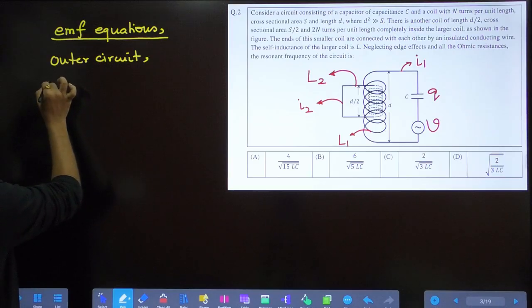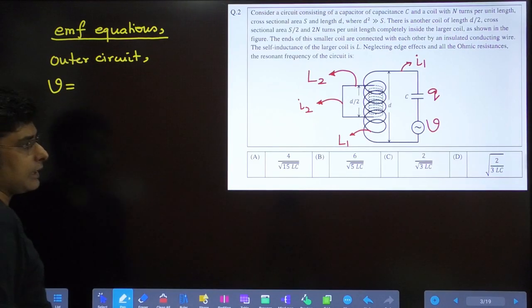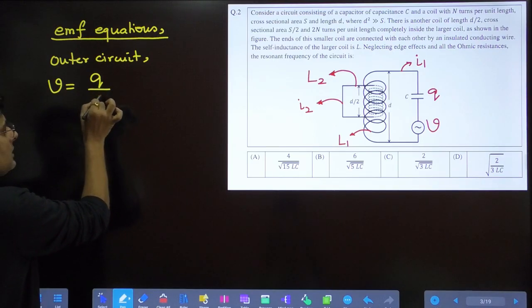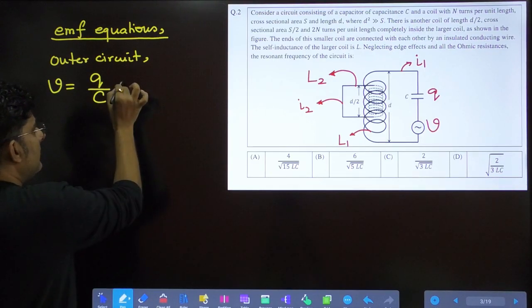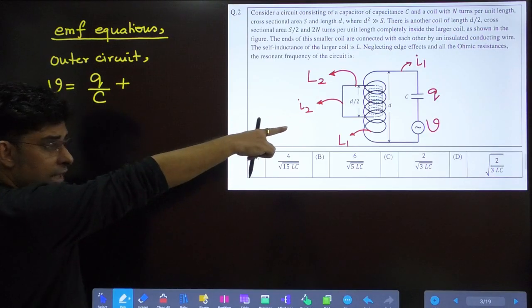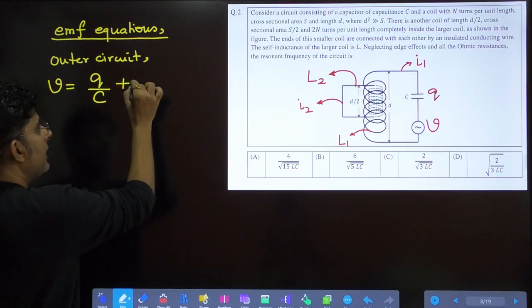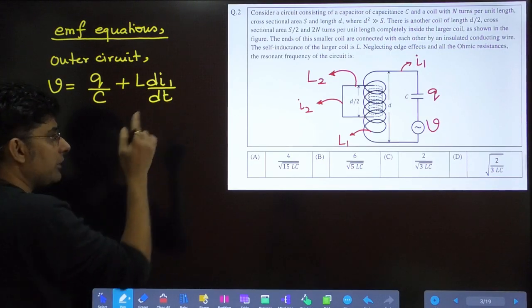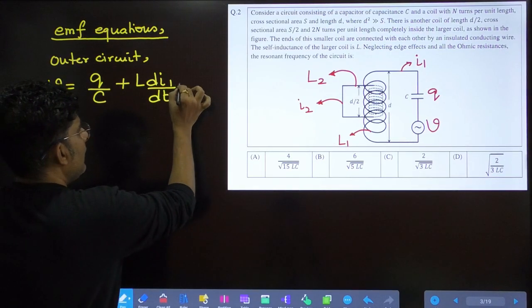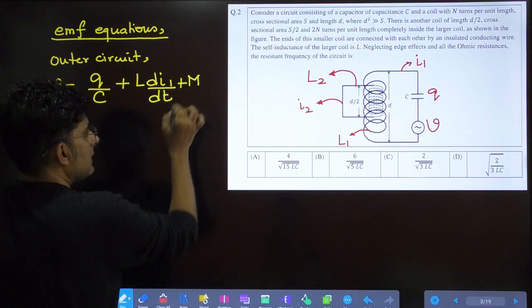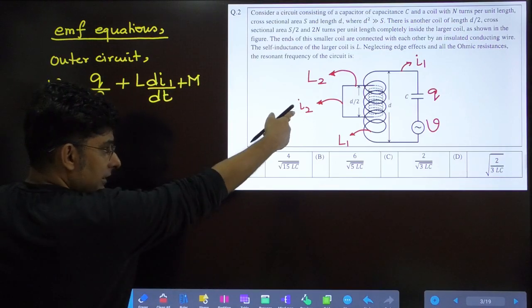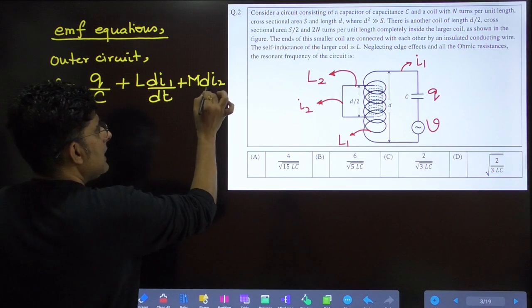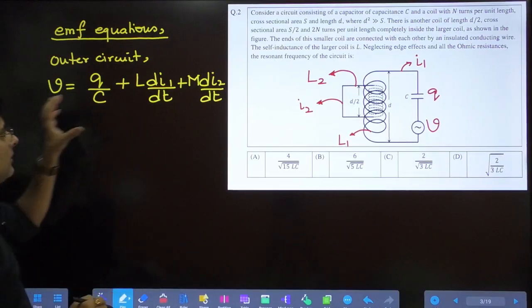We can write the applied voltage, AC voltage V. This will be the capacitor voltage at the instant, Q by C, plus, due to self-induction, it will be L1 di1 by dt, the rate of change of its own current for the outer coil, and there will be mutual induction as well. So M di2 by dt, since the inner I have assumed to carry current I2. So this is the expression.